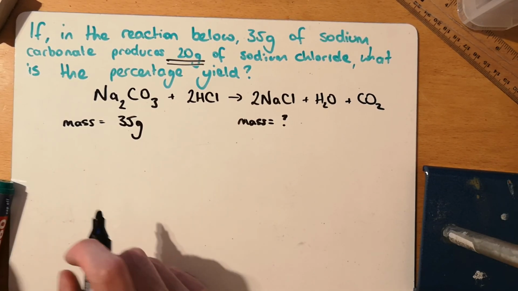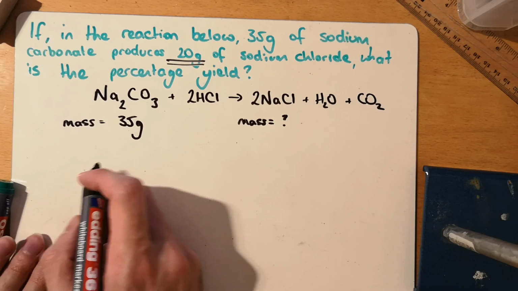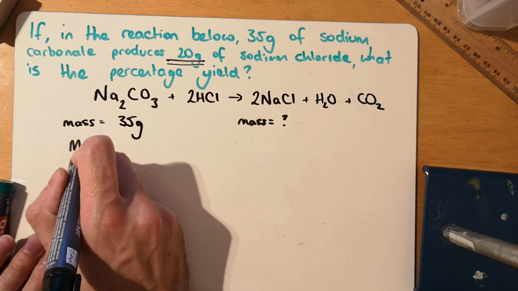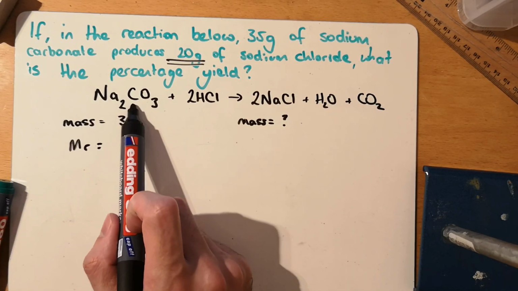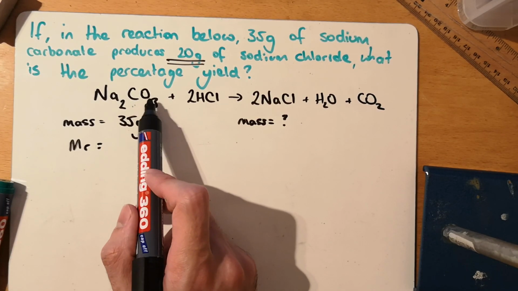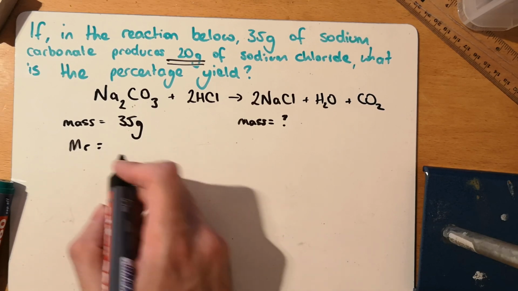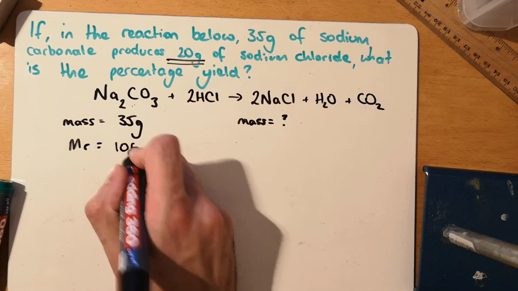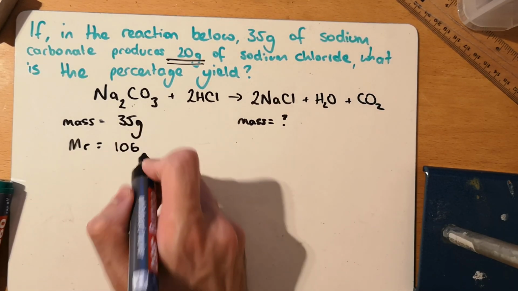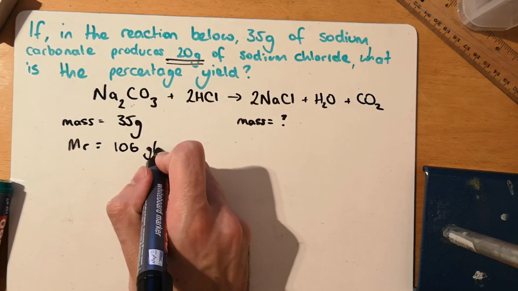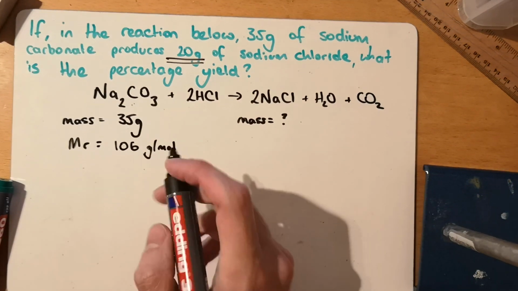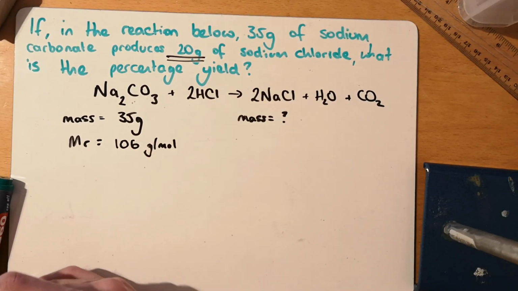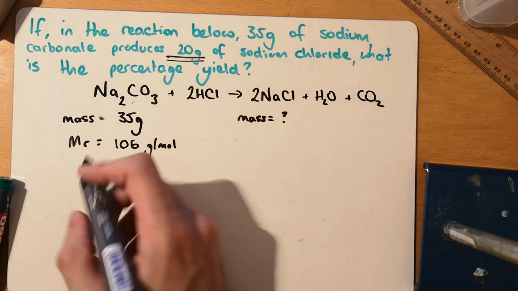So we have our mass. We'll work out the MR first of all of sodium carbonate, because we've got the formula. So 2 sodium is 46, plus carbon, which weighs 12, plus 3 oxygens, 48, will be 106. I'm going to put my units in, that's 106 grams per mole. So I've got my mass, I've got my MR. Some of you will be going, I know what we could work out here.